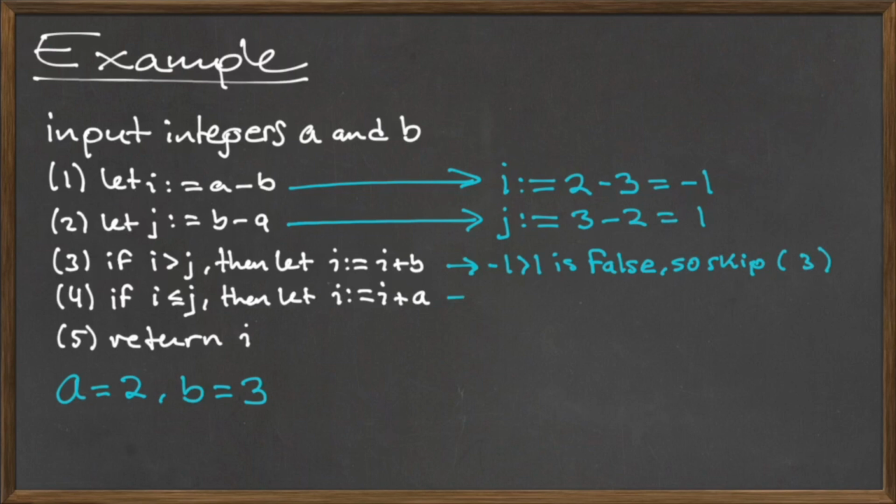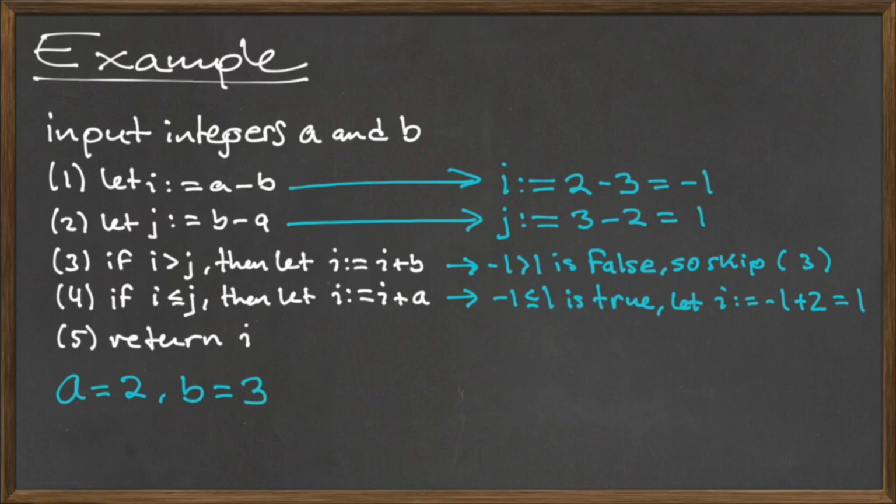In step 4, we have another if-then statement. Before we follow the instructions after the word then, we first need to compare I and j. -1 is less than or equal to +1, so we follow the instructions after the word then and redefine the variable I to take on the value I plus a.